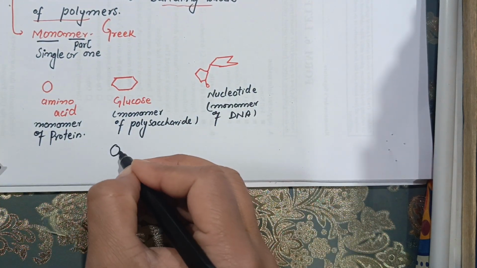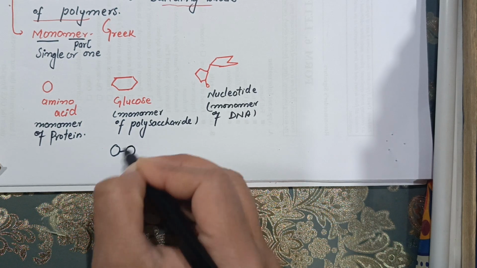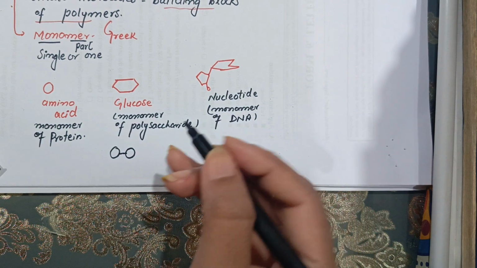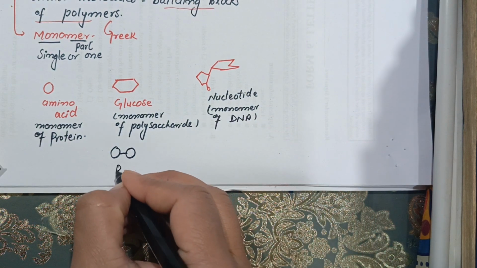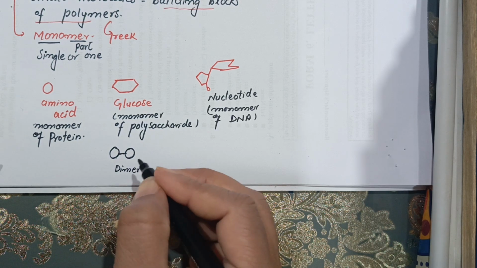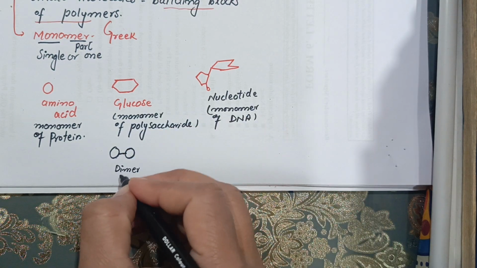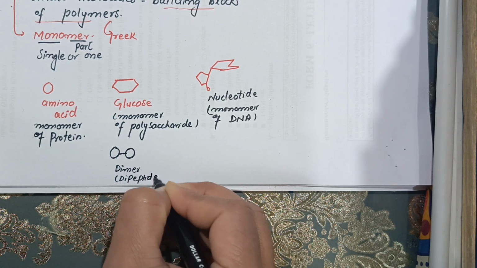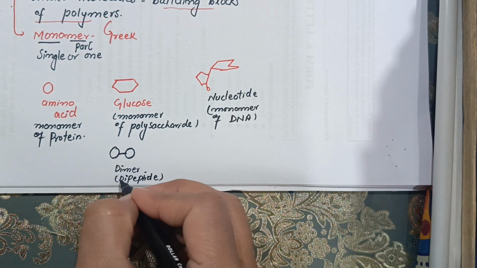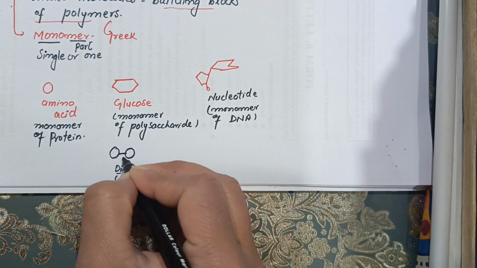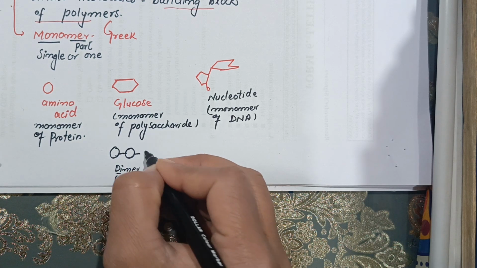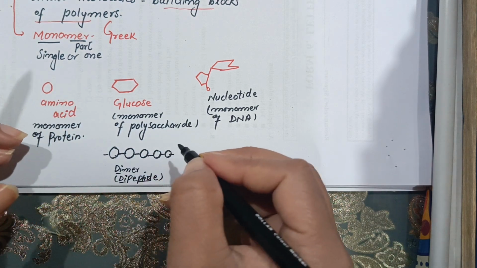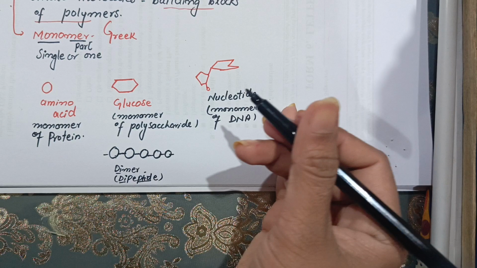When this amino acid is combined or linked together with another amino acid or monomer, it forms a structure called a dimer, or more specifically a dipeptide, because it has two amino acid units. When these amino acids or monomers combine together in larger numbers, they form the polymers.